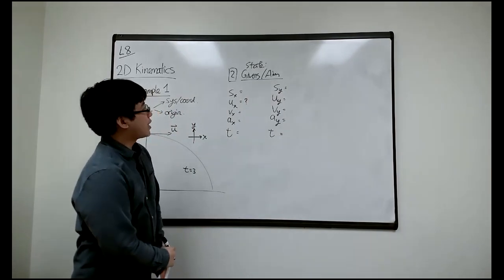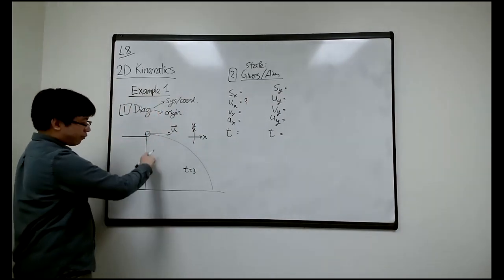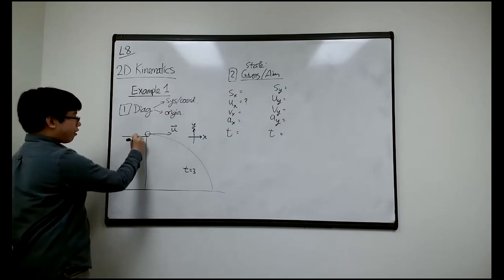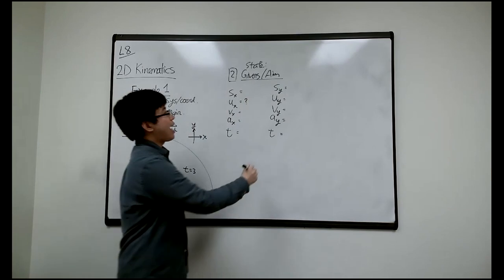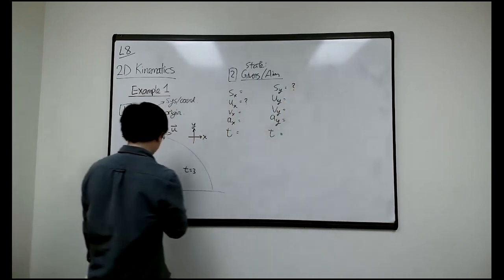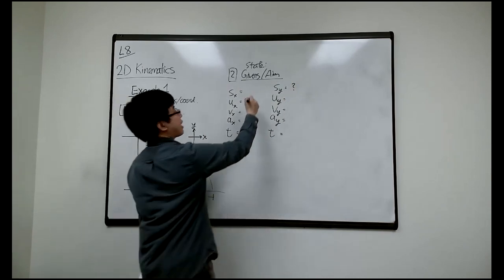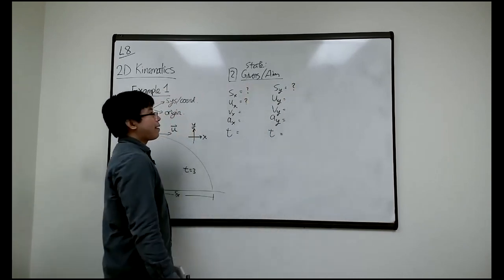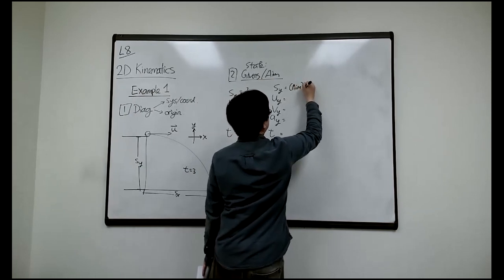What else do I not know? My aim is to find the height of the cliff, so in some sense I want to find the y displacement. I don't know that, nor do I know the x displacement it traveled in those 3 seconds. And while we're at it, let's say this is my aim.